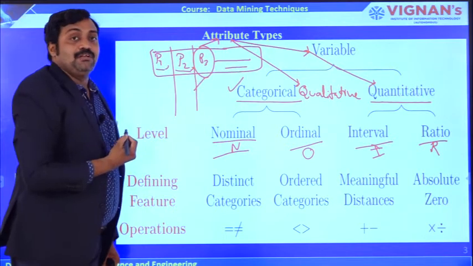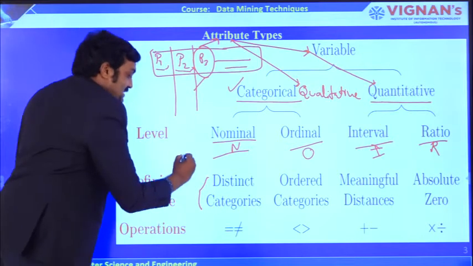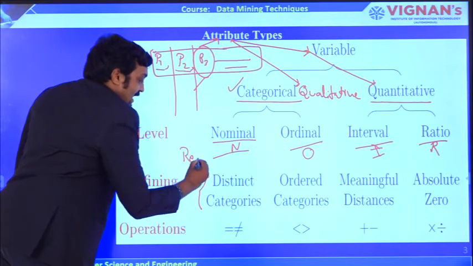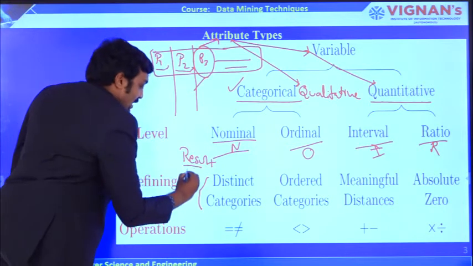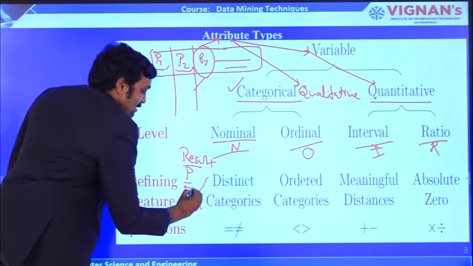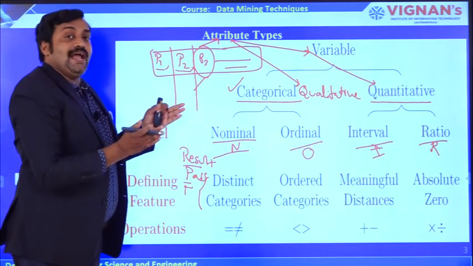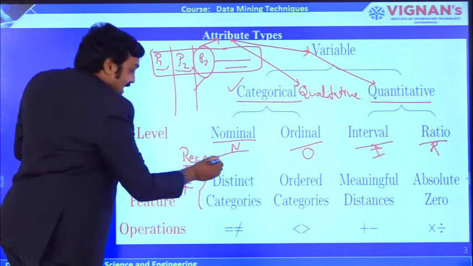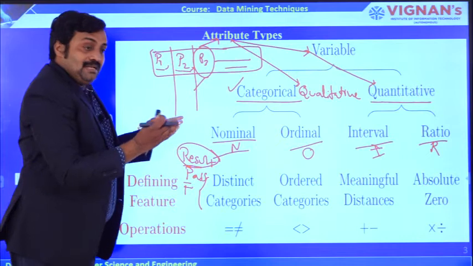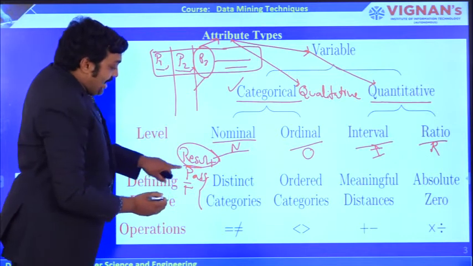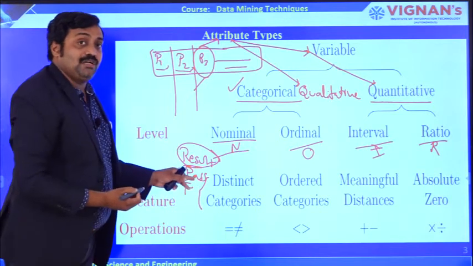Best example, in case of results, where the result is my attribute, we have two things: pass or fail. We are classifying the entire data based on the result attribute, that is a nominal attribute. We are separating based on the values available under the result, that is pass or fail of the students.